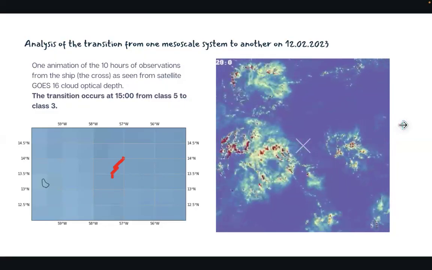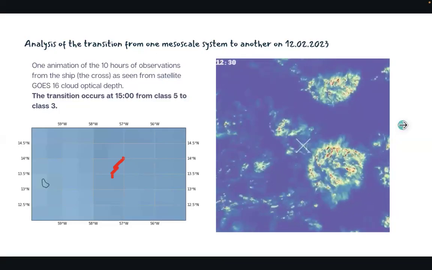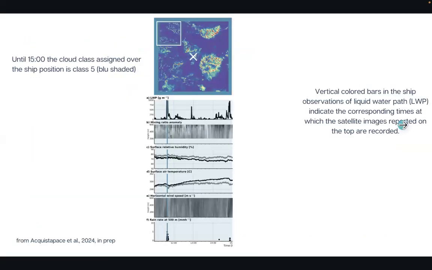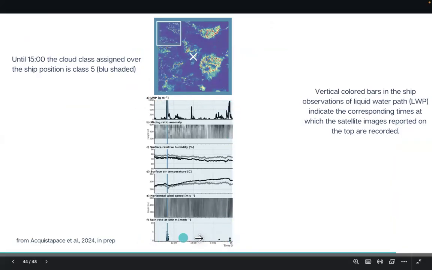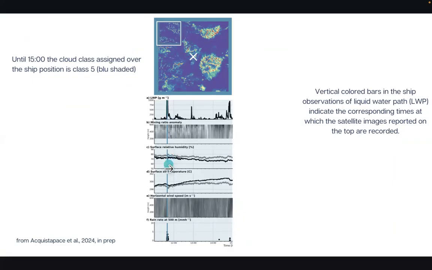Now we looked at the time series of the ship-based observations during this time frame. So this is the time series of the observations from maybe 11 in the morning until 15 in the afternoon. And here you can see the snapshot of the satellite at this timestamp where you have these blue lights.